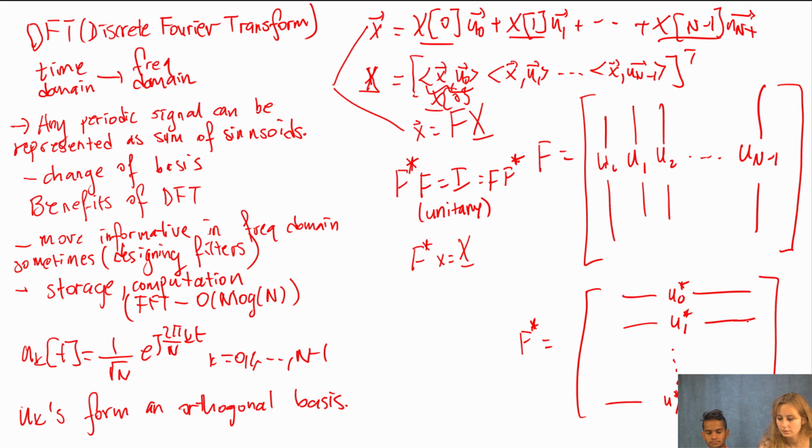It's good to point out that, from this equation, F inverse is equal to F star. This is a good property of unitary matrices.